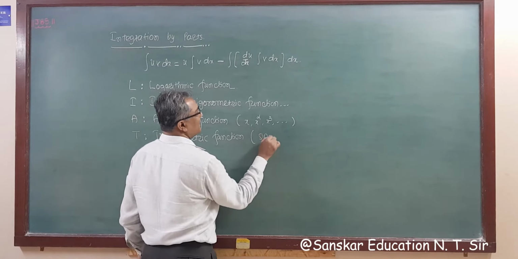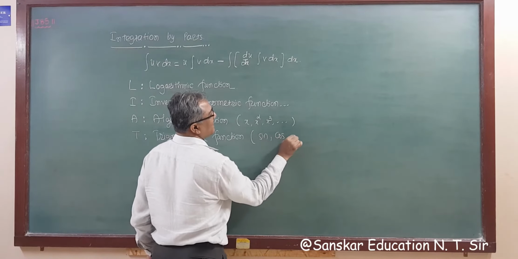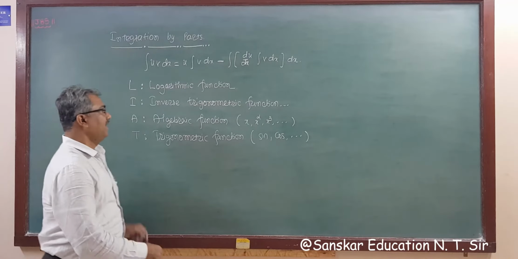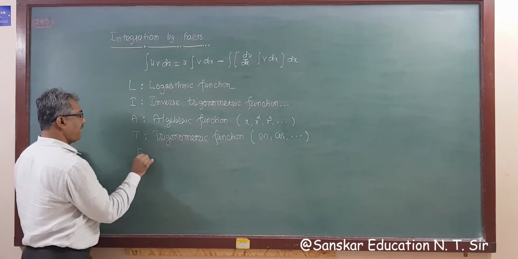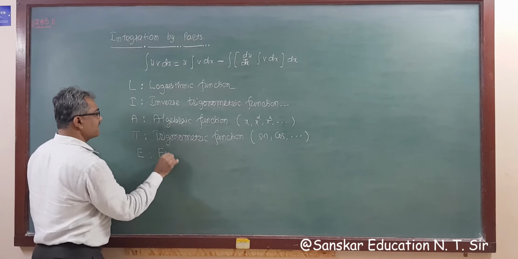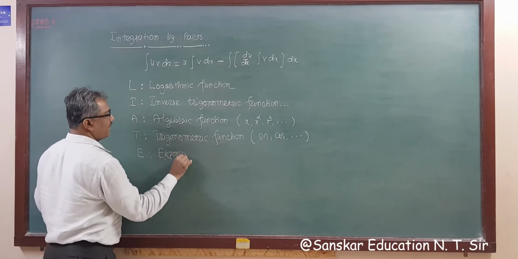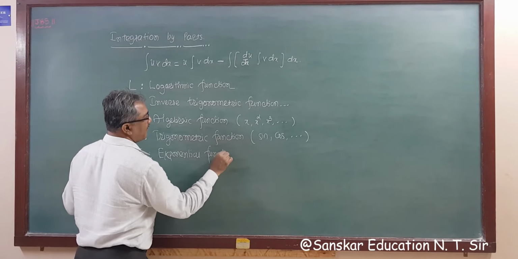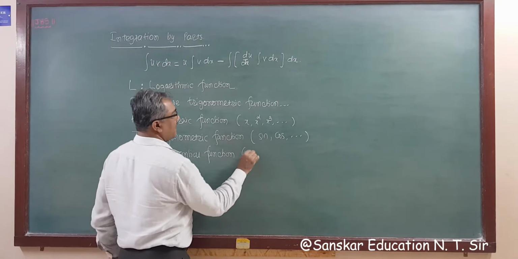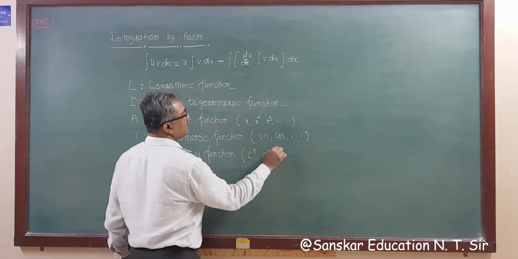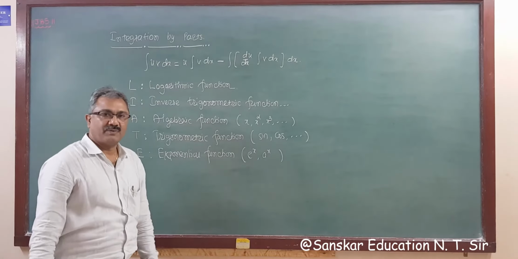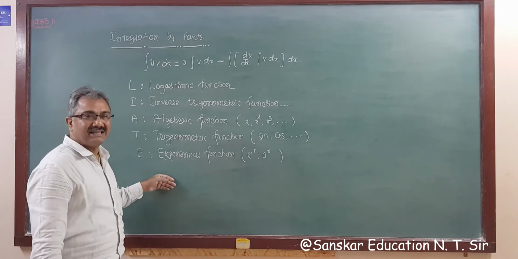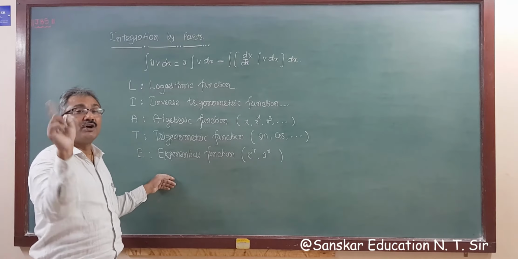Then E means exponential function, that is e raised to x, a raised to x, are called exponential functions. So this order is important for selection of u.